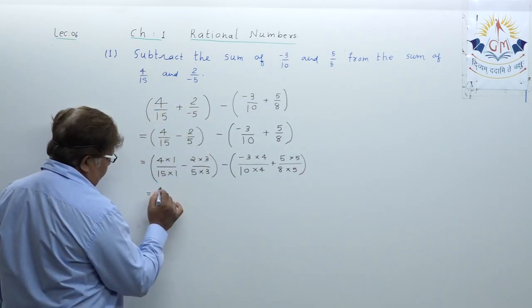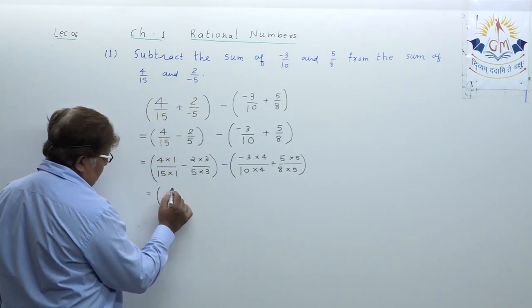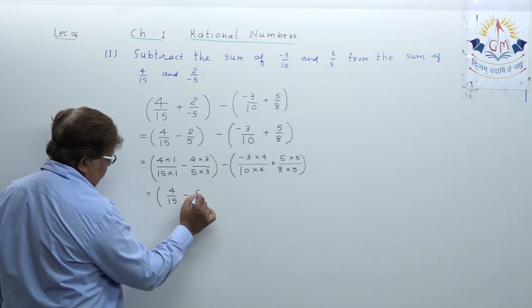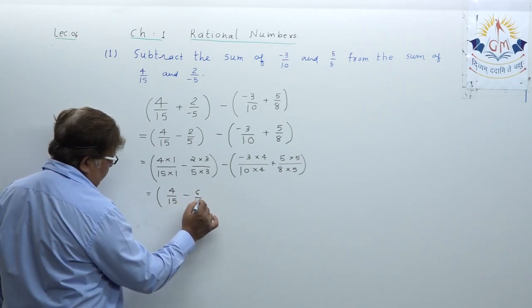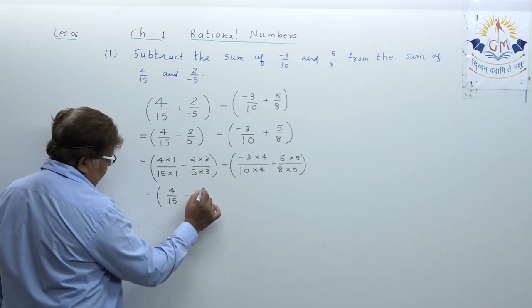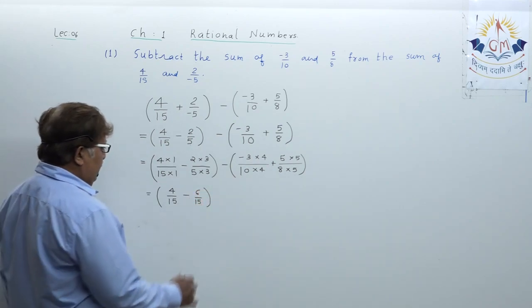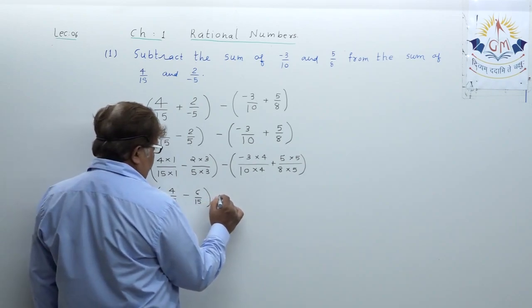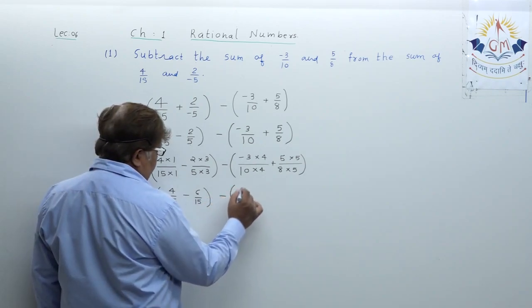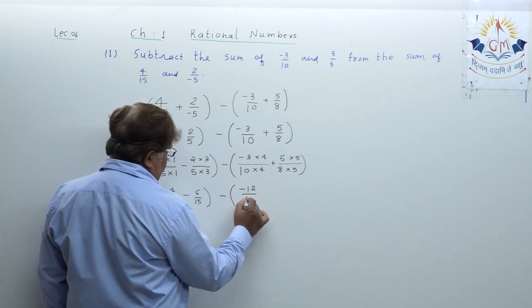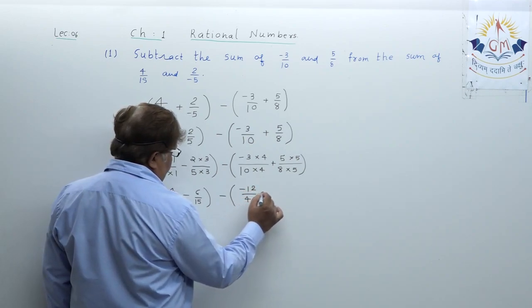Next step: 4 upon 15 minus 6 upon 15, minus 12 upon 40 plus 25 upon 40. Please note down each and every step properly.